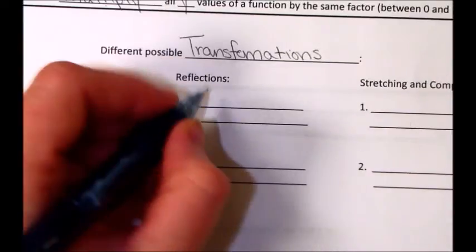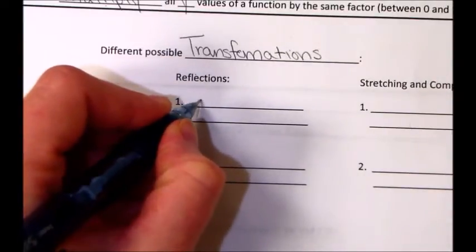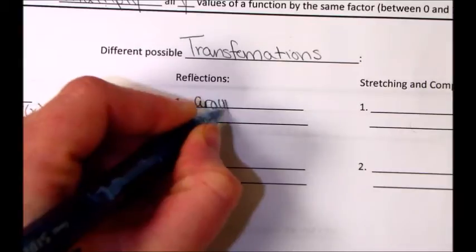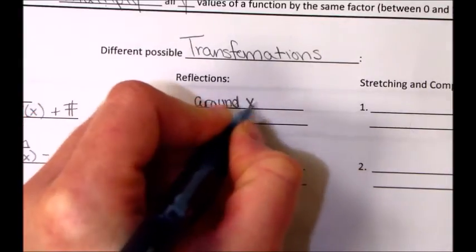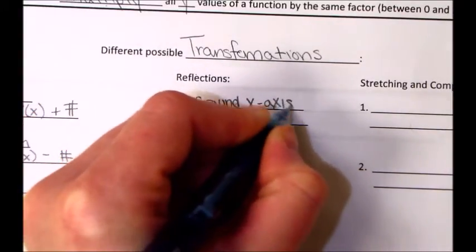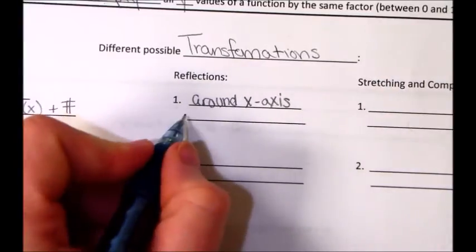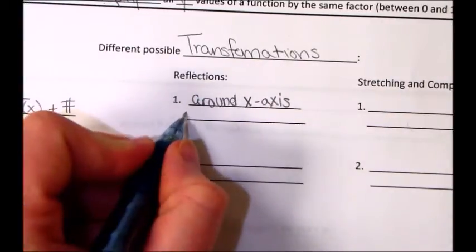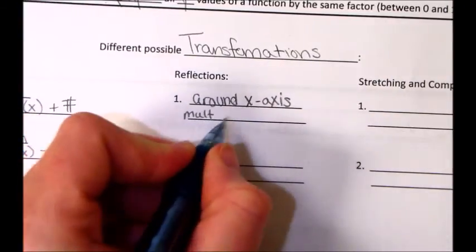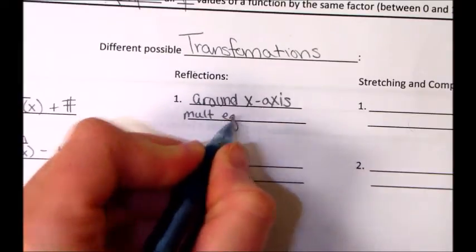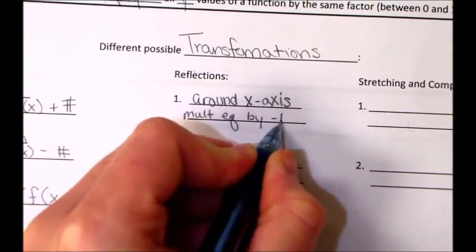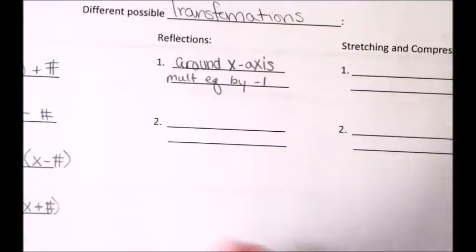Let's talk about reflections. If you are going to reflect something around the x-axis, you are going to multiply the entire equation by -1.